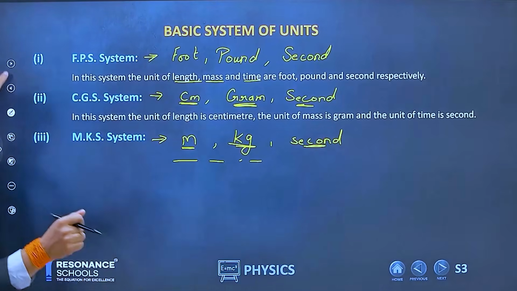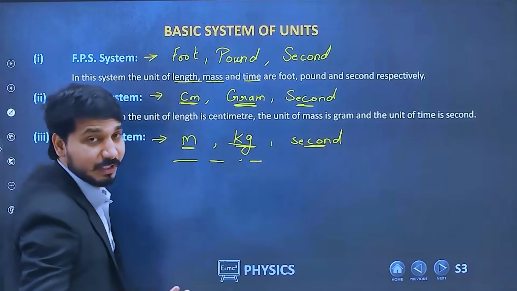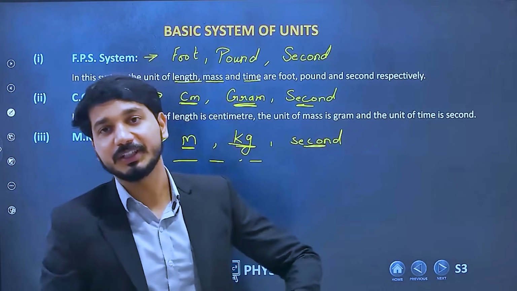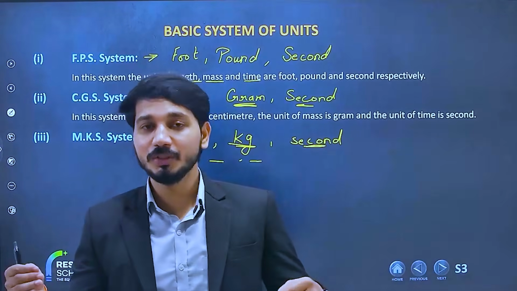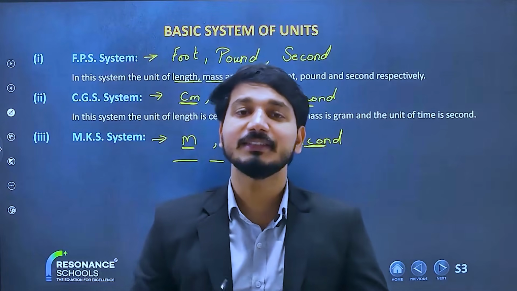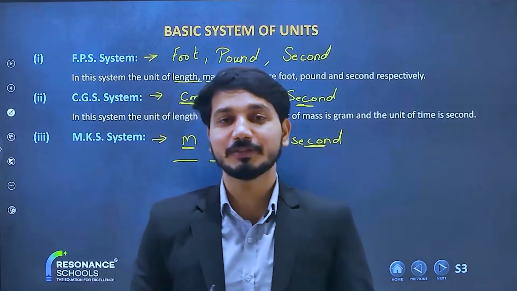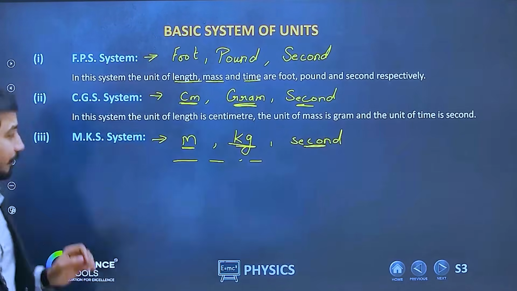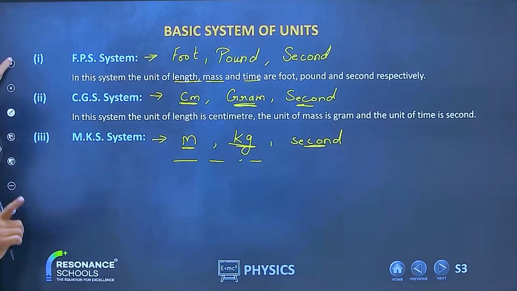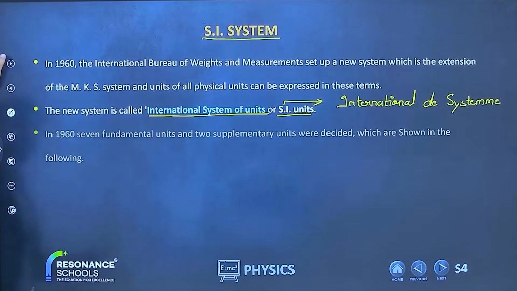Now next, after MKS, another standard unit came when new fundamental quantities were formed. When the world formed new quantities, they introduced a new system, and that system is called the SI system. SI in English stands for International System of Units, and in French it is called Système International.